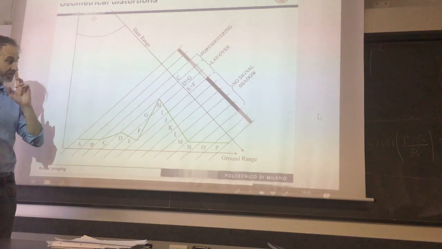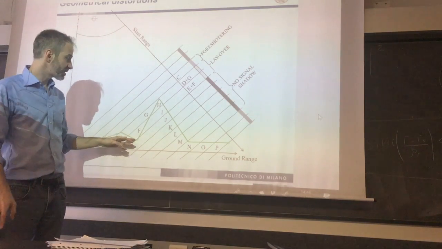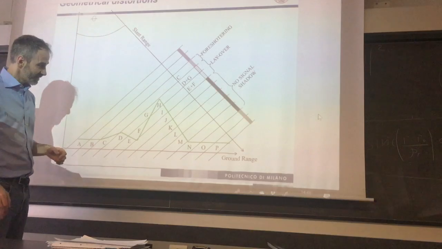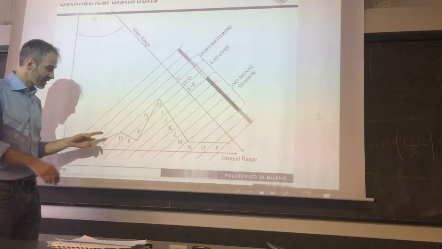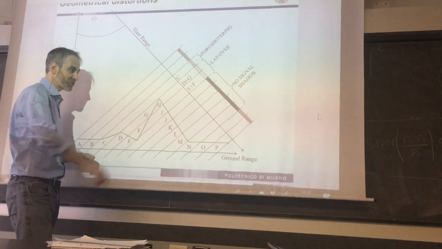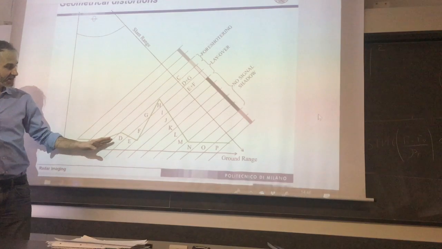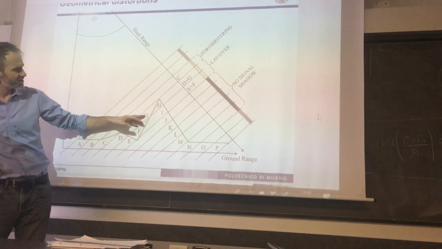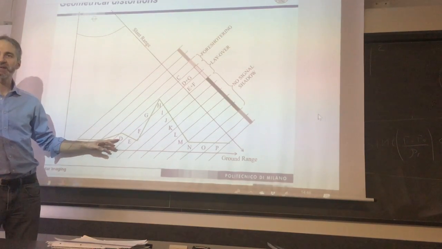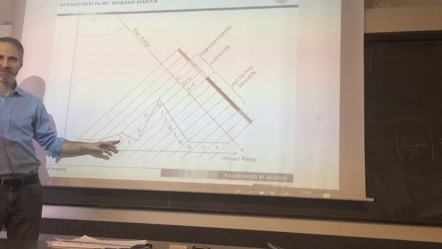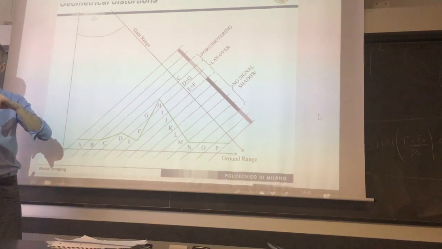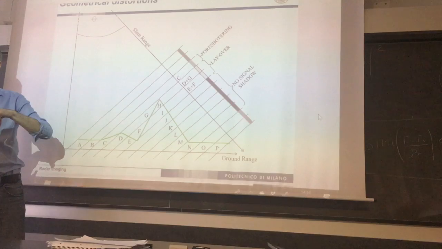So what happens? For example, let's say that this is a mountain or something similar. You see that, for example, these two points, D and G, fall at the same distance from the radar, which means that they will be found in a SAR image at the same pixel.